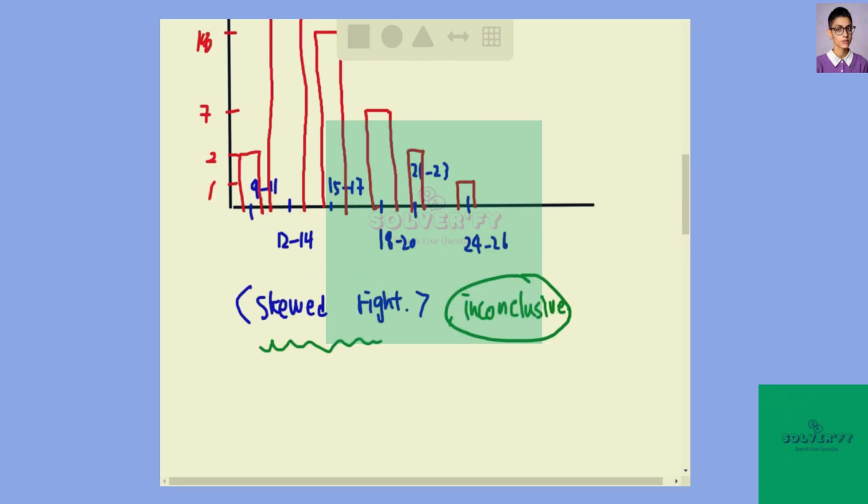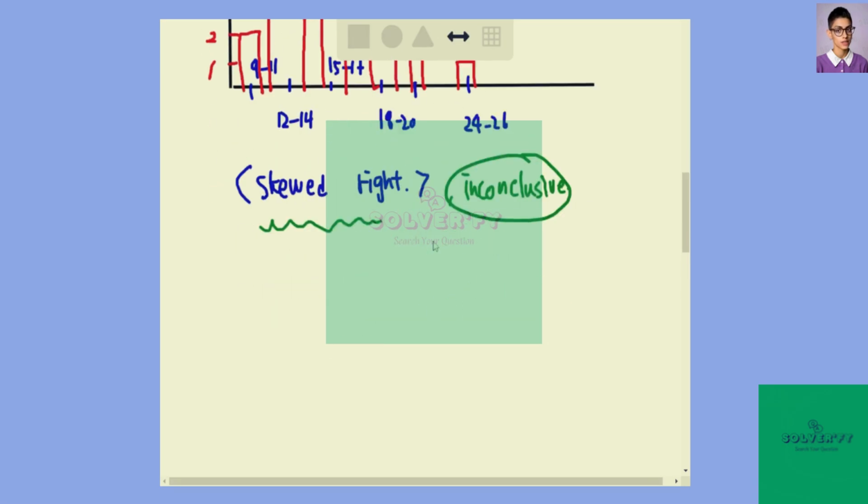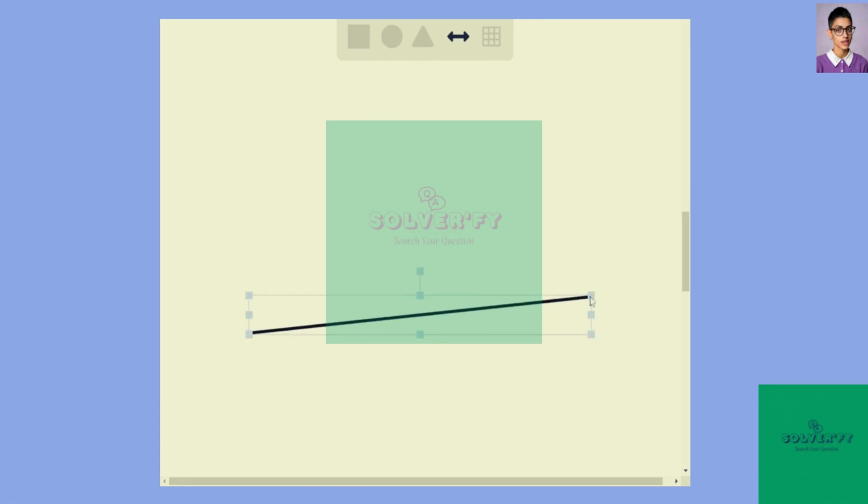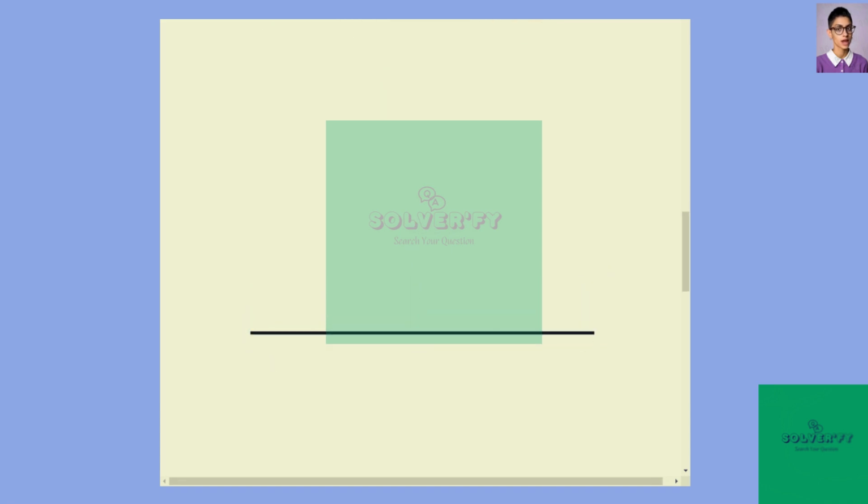So you're going to be doing the same thing, okay? You just need to connect all these points. So here, I'm going to draw a horizontal line and a vertical axis over here. Okay, and label. First one was 9 to 11. Next one is 12 to 14.